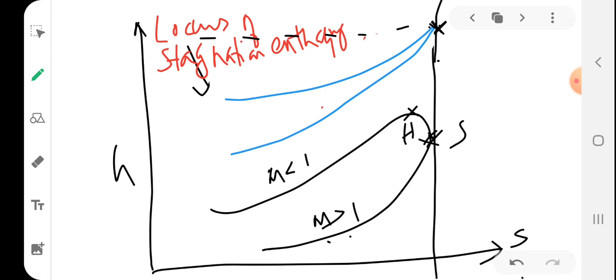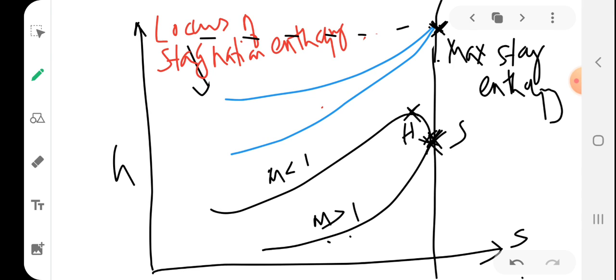the shape of the stagnation enthalpy curve shows that the point of maximum stagnation enthalpy always coincides with what? Always coincides with the S. So here this is maximum stagnation enthalpy, not static enthalpy, stagnation enthalpy.